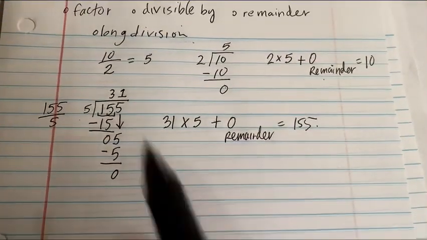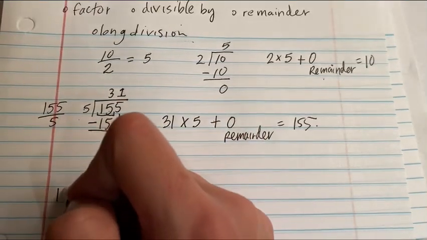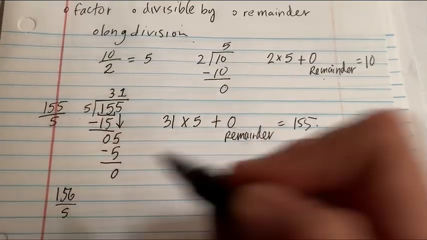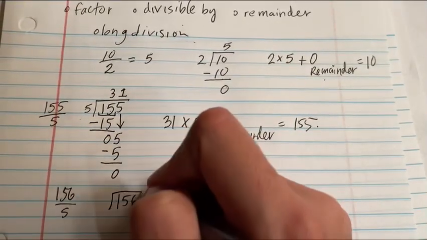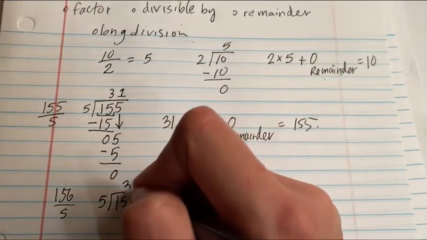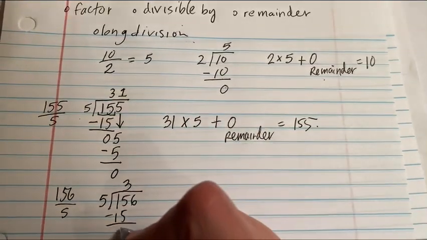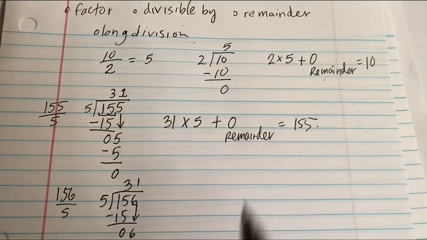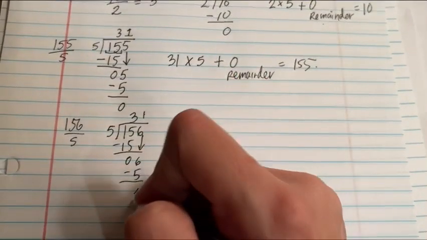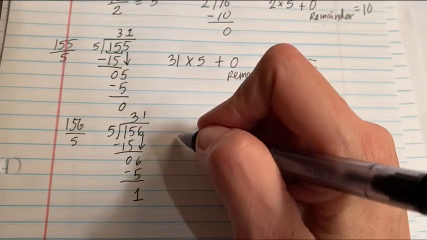So now let's add in a remainder here. We know if we did 156 divided by 5, that there would be a remainder here because we're kind of forcing it. So once again, repeating these steps, we get 1 times 5, distribute a negative, and we get 1. So what have we said here?